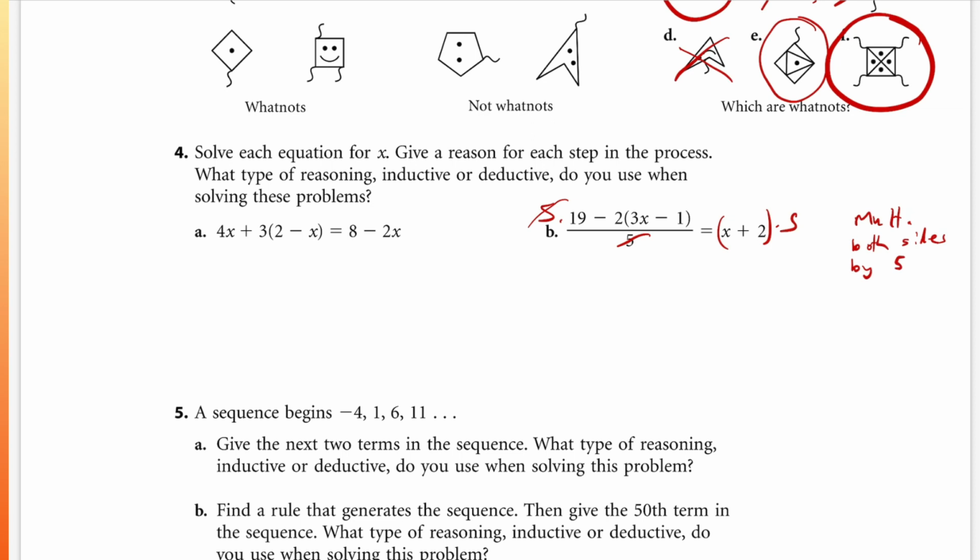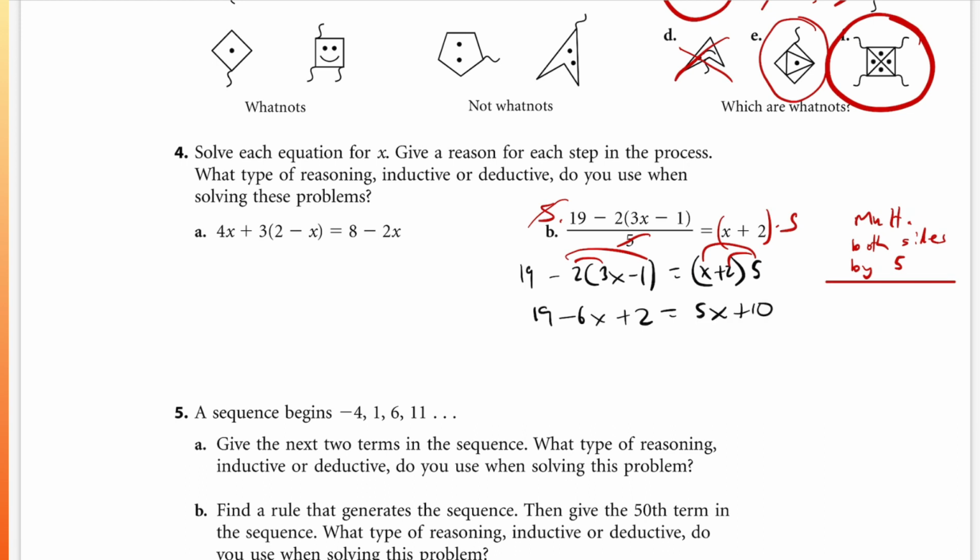So that's my first step. All right, so now I have 19 minus 2 times 3x minus 1 equals x plus 2 times 5. Now I'm going to distribute. So now I have 19 minus 6x plus 2 equals 5x plus 10. So I distributed.